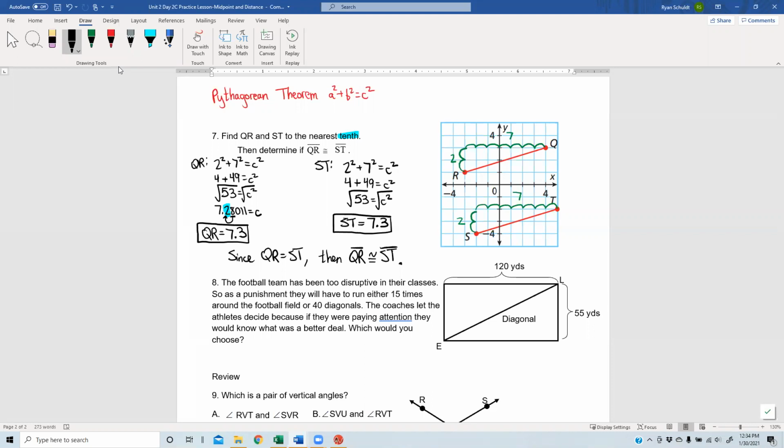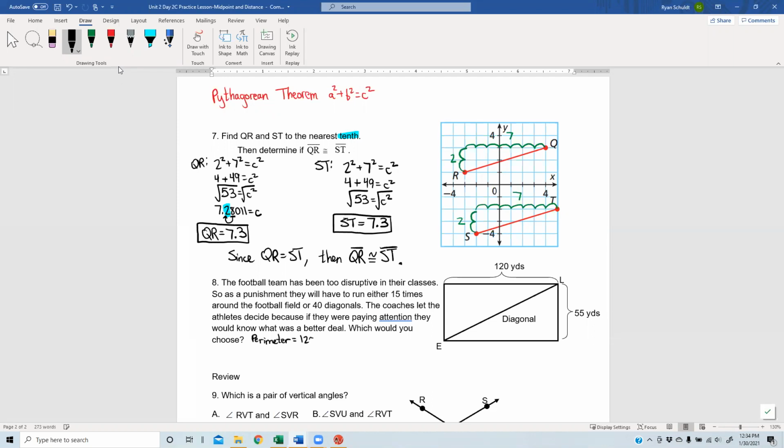Well, let's see here. We need to calculate it. So perimeter. How do I get perimeter? I add up all the sides.